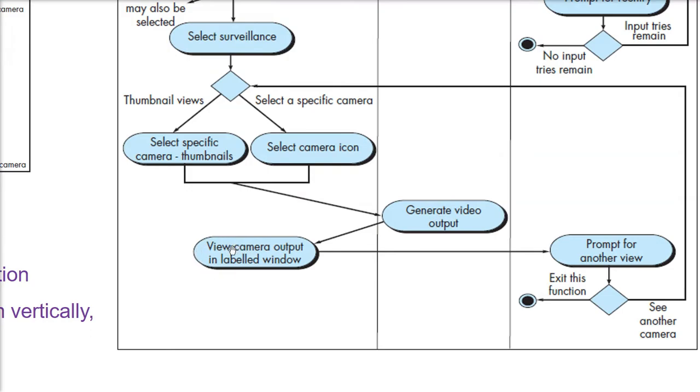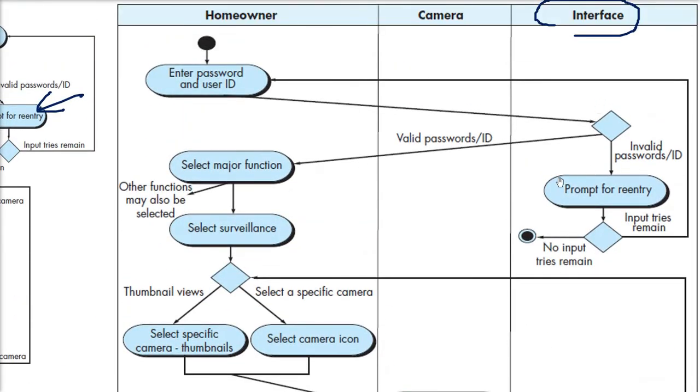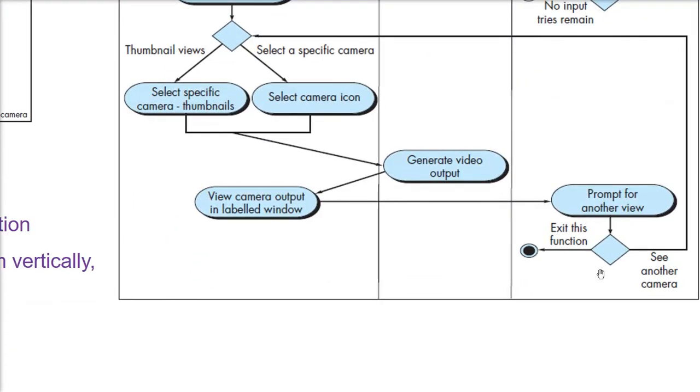Now, viewing camera output in a labeled window is the homeowner activity, but it will go to the interface because the prompt will come in the user interface. Okay, the prompt for another view, and if he wants to see another camera, it will go back to that diamond. Otherwise, it will exit this function.